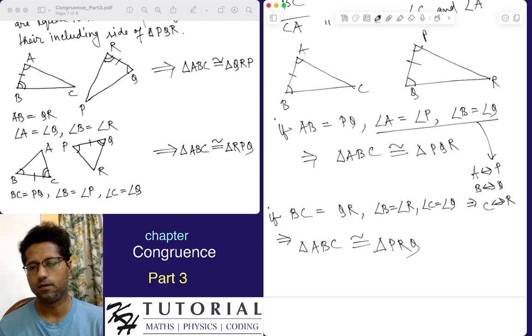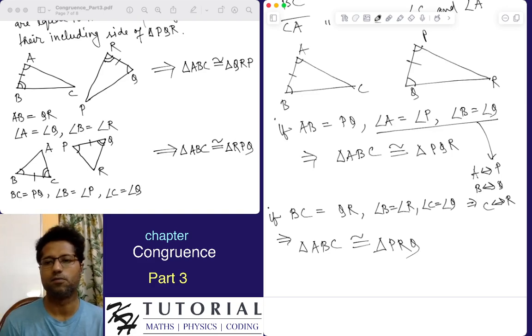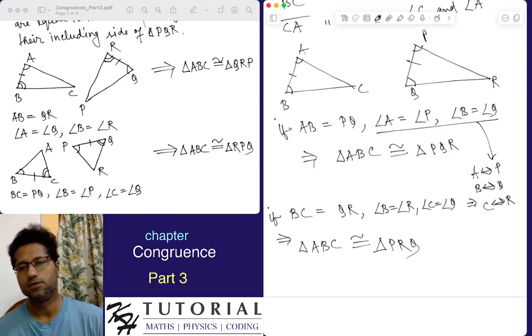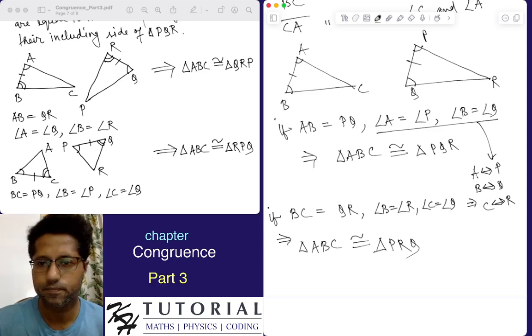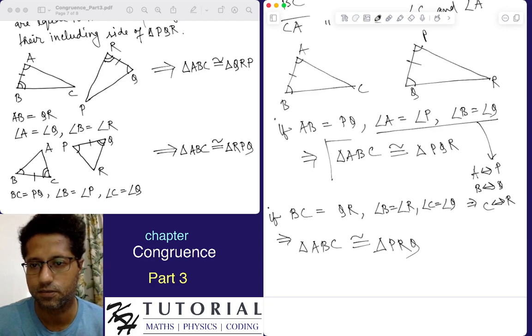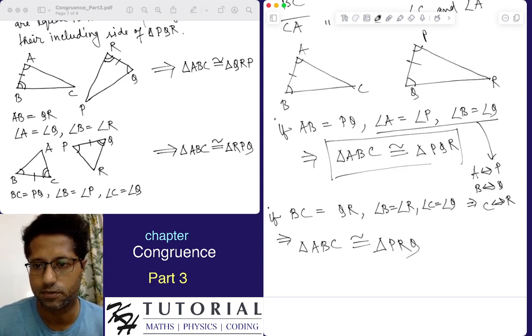So this is the way when you are applying the ASA congruence condition, and you know which side of triangle ABC and its included angles correspond to which side of triangle PQR and its included angles. From that information you can easily find the congruence relation, or the naming of the congruence.